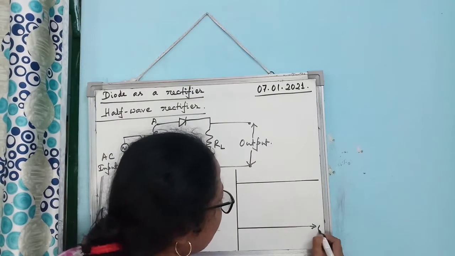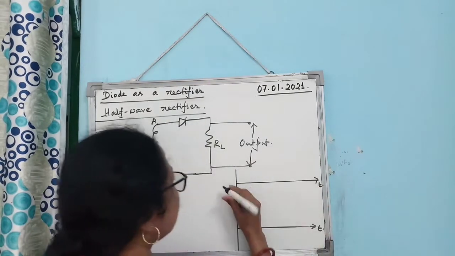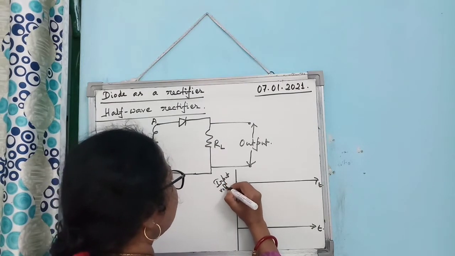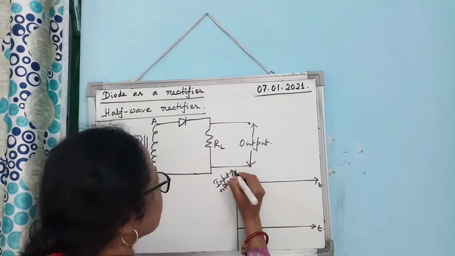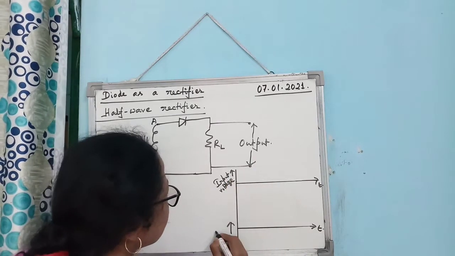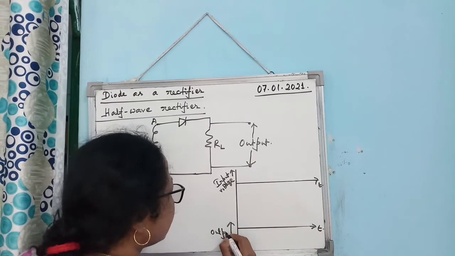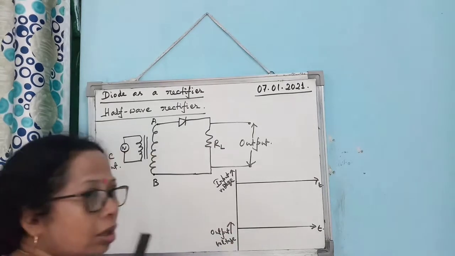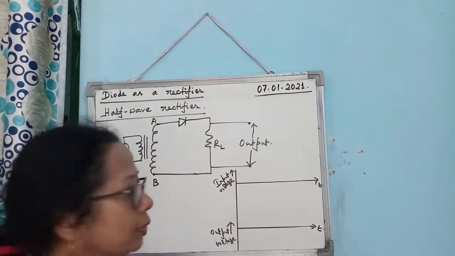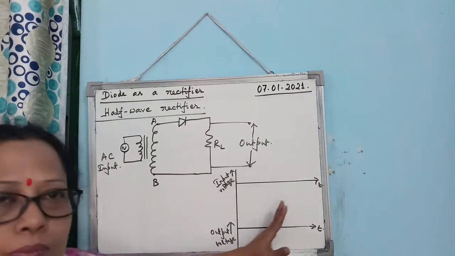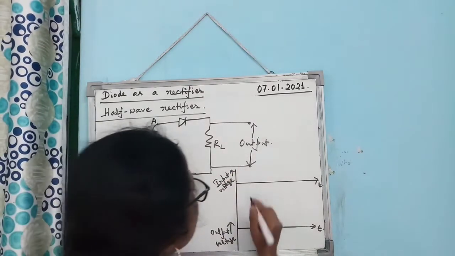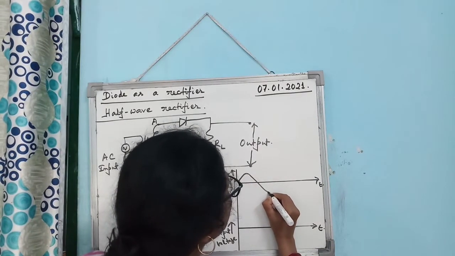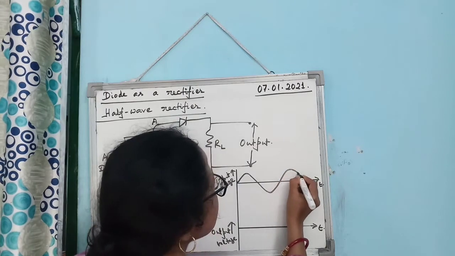This is the time axis, and first you plot the input voltage along this direction, then along this direction on the same vertical line you must draw the output. Then you will be able to draw the accurate diagram. That's why you must draw on the same vertical line. So you see the input voltage, if I draw it, is like this.